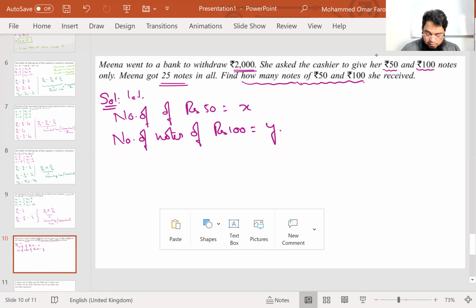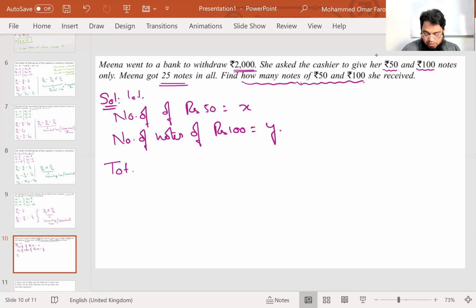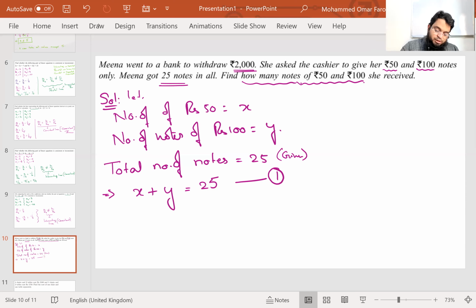We know the total number of notes is 25. It is already given. So x plus y is equal to 25.